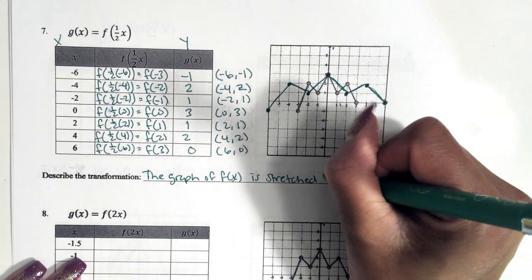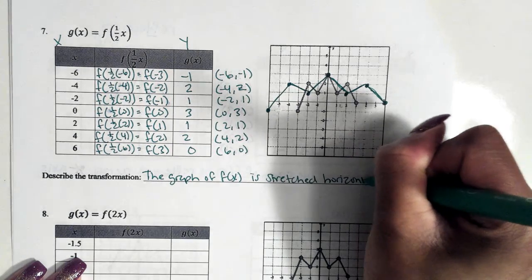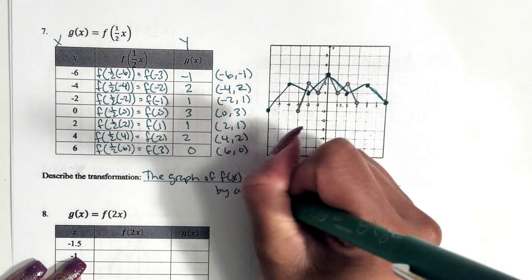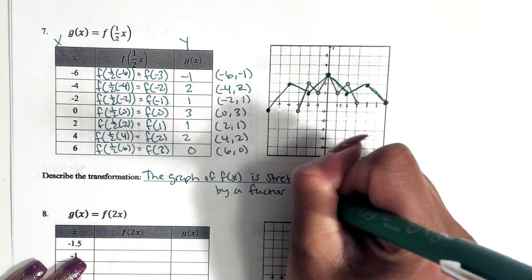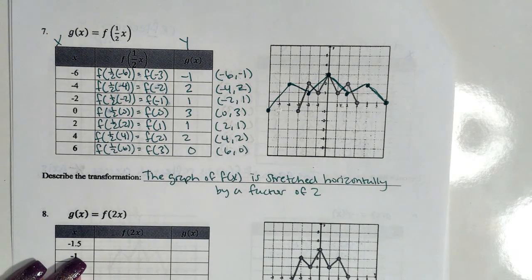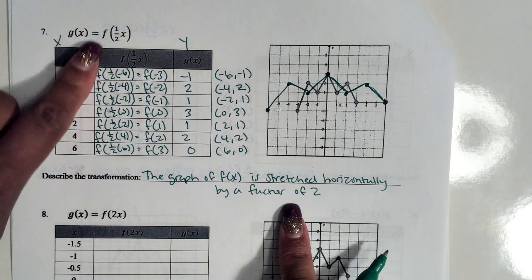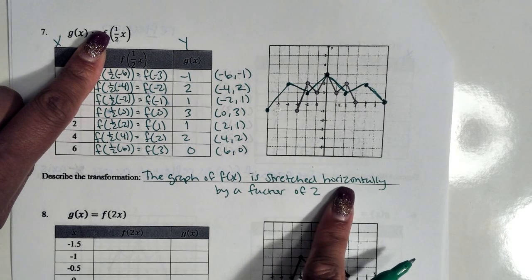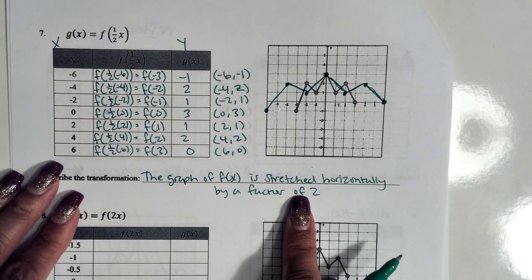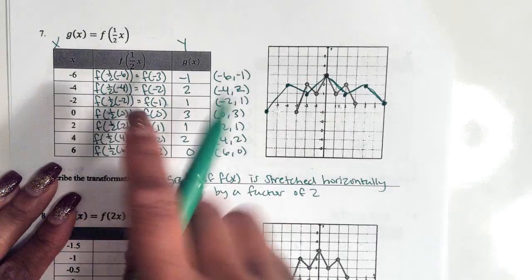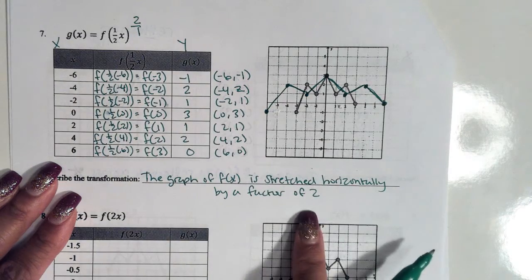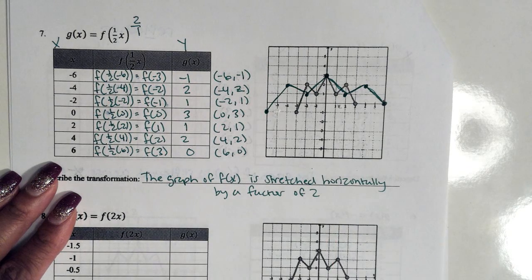So it is stretched horizontally by a factor of 2. And so we're using the factor of 2 because we're reading the reciprocal of 1/2, okay? So we have something that's stretched horizontally by a factor of 2 because the reciprocal of 1 over 2 is 2 over 1. So that's why we have a horizontal stretch by a factor of 2.